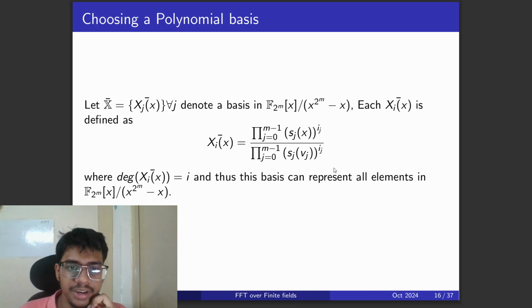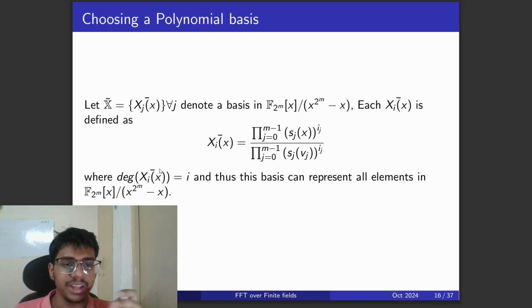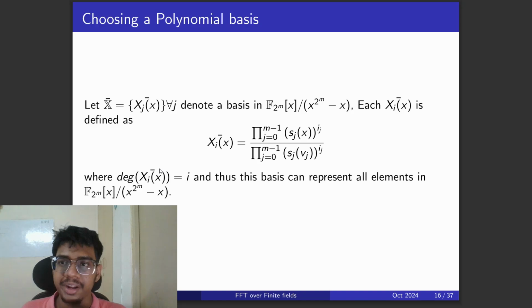We will define basis elements like this, such that the degree of elements is i. By this, we have some clever techniques which we can use to manipulate and get a Fourier transform, which we will see.